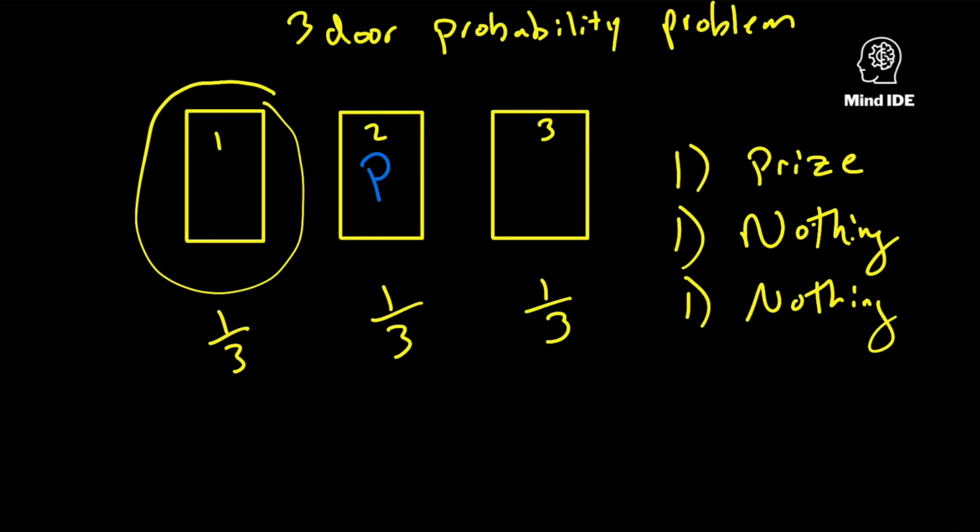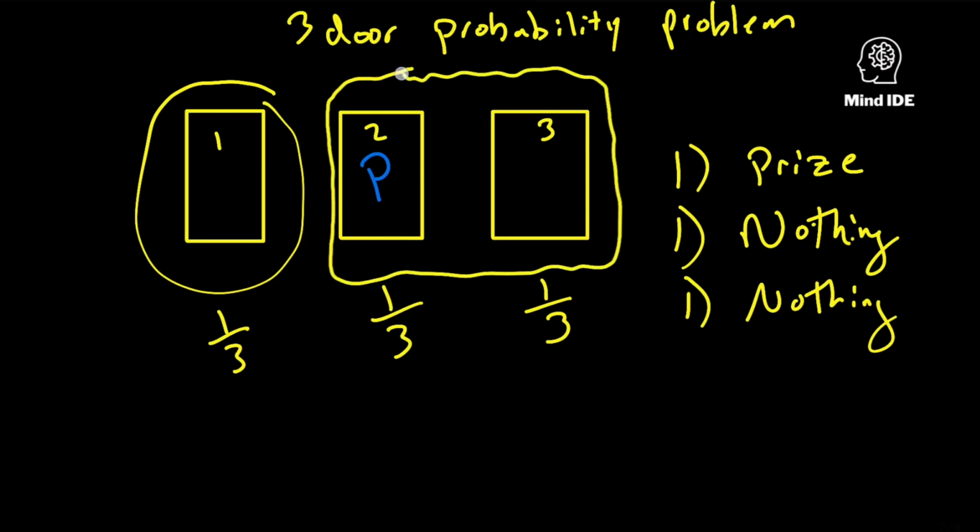So the reason why this is a probability issue is once you pick this door, then they say, okay, well, of the 2 doors that you haven't picked, we're going to open one door. So of course they're going to open door 3, because that one there's no prize in there.